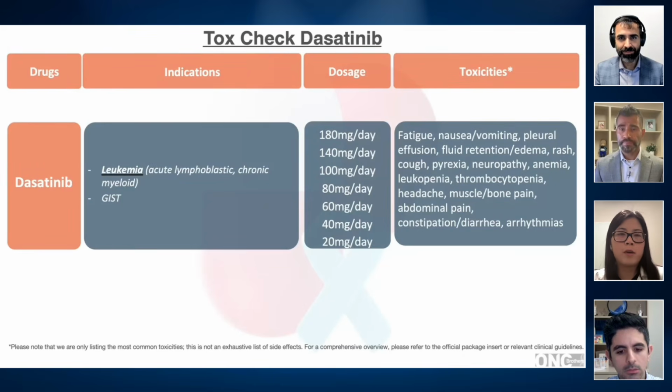Certainly, if it is so severe that it's not safe to re-challenge, then we would discontinue. But I have patients with very mild pleural effusion on diuretics, and we keep them on a low dose Dasatinib, BCR-ABL still at the MMR level, and they're doing pretty well.